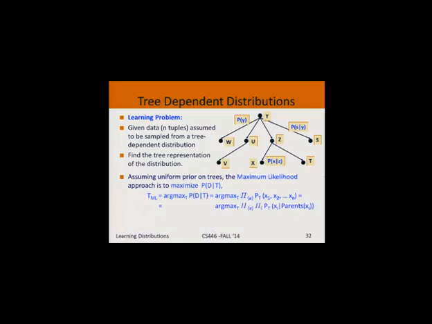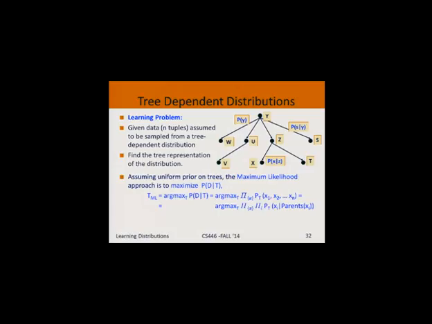Okay, so I'm just spelling this out. I have one product that is due to the independence of the data samples that we have, and the second one that is due to the tree assumption, right? The representation of the tree reflects some independence assumptions, and these are the independence assumptions.